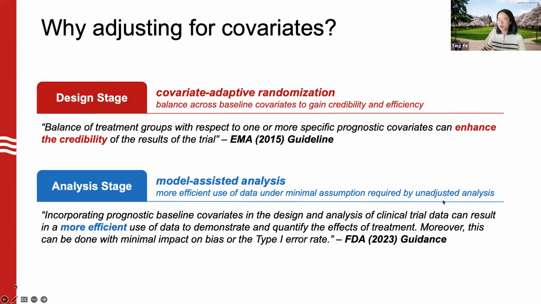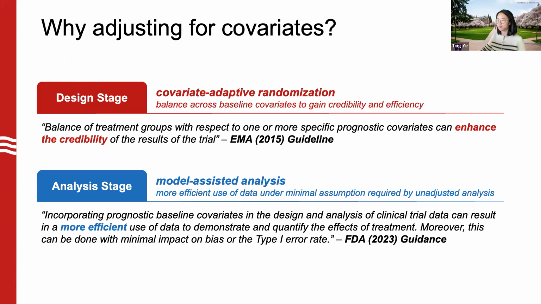So I'll start with what do we mean by covariate adjustment and why do we adjust for covariates? Covariate adjustment can happen at 2 stages. One is at design stage, where we usually do covariate-adaptive randomization or stratified randomization as special examples of covariate-adaptive randomization.